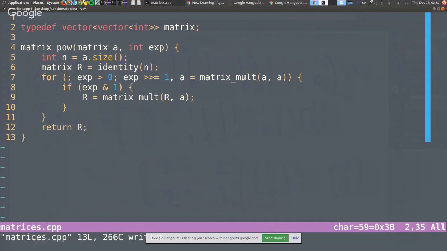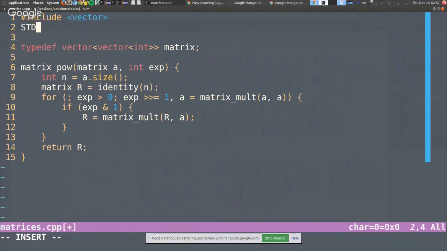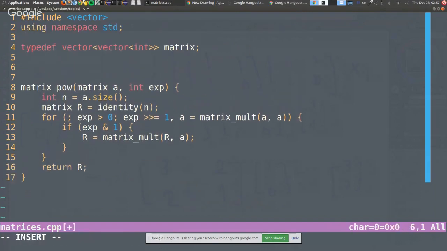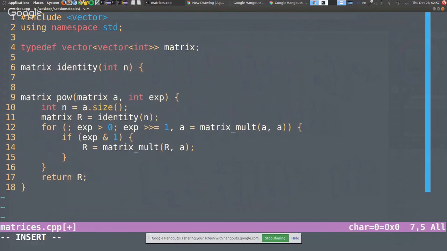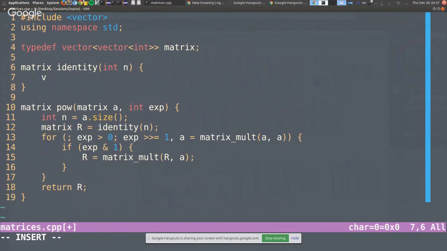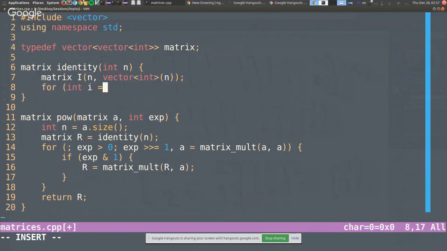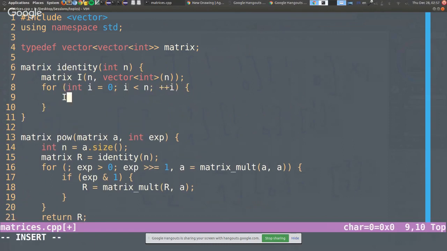This is how I'll be defining the vector. So a matrix, which is the vector. The identity matrix is basically a matrix where only the diagonal is equal to 1 and the rest is equal to 0.